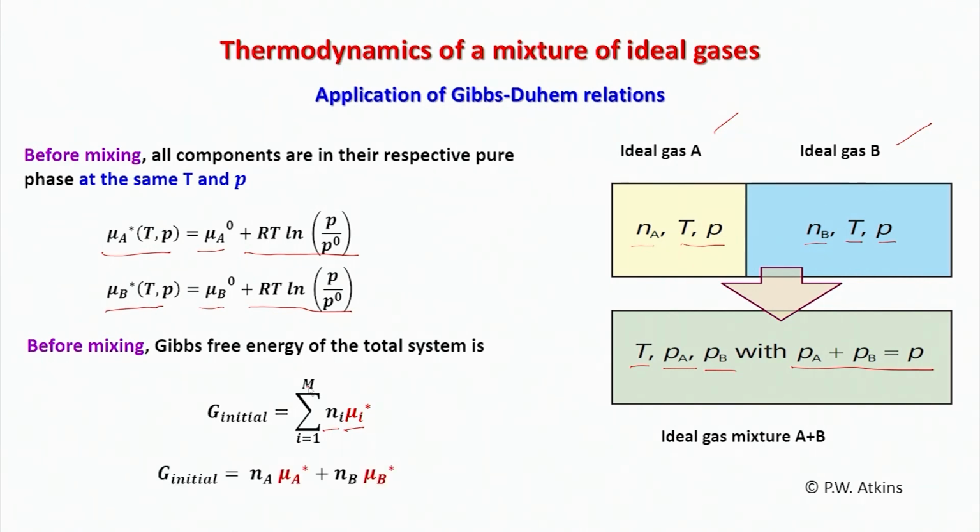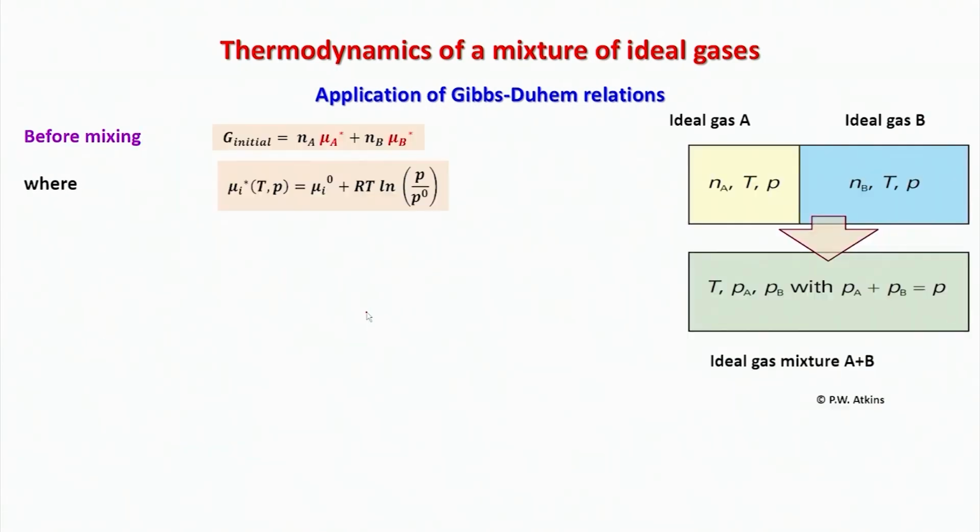So G initial in this particular case is given by Na mu A star plus Nb mu B star. And if I use these two expressions, I know what G initial is. Now let us move over and use these results further.